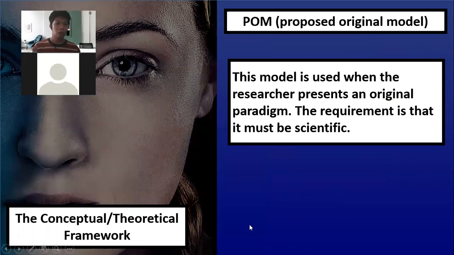So if your study is new in terms of the methodology, in terms of the methods that you're going to conduct, you can present your own model as long as the logical connections of the relationships among the variables in your research are being clarified, not ambiguous. Kailangan klaro lang siya ang pag-present sa model if your model is original.